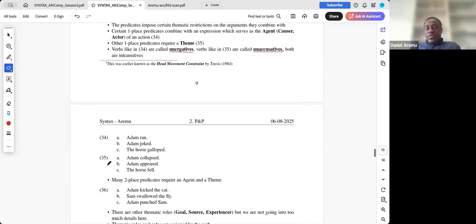Remember that in 35, we have all the arguments as team and not agent. So we call them unaccusative because if we have a structure, let me quickly give a quick structure. So let's use IP. And what I'm drawing now is 35A.